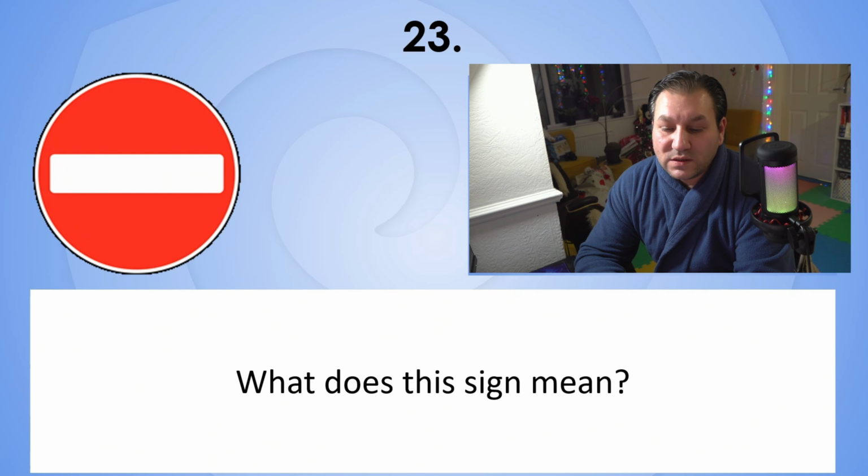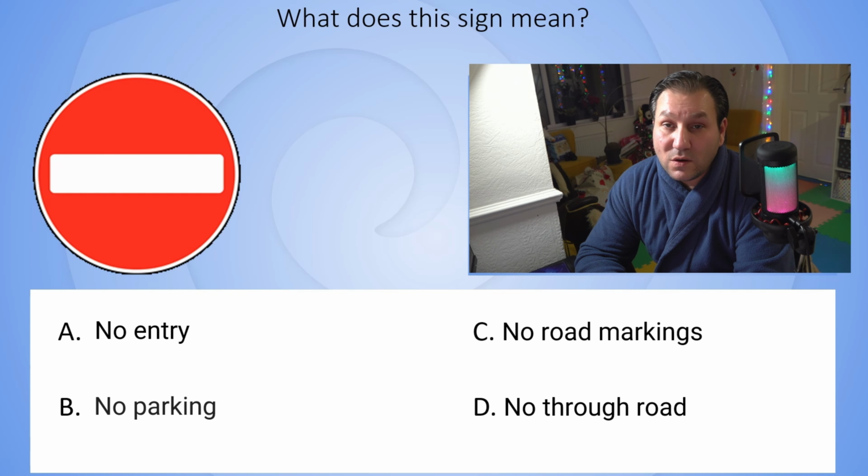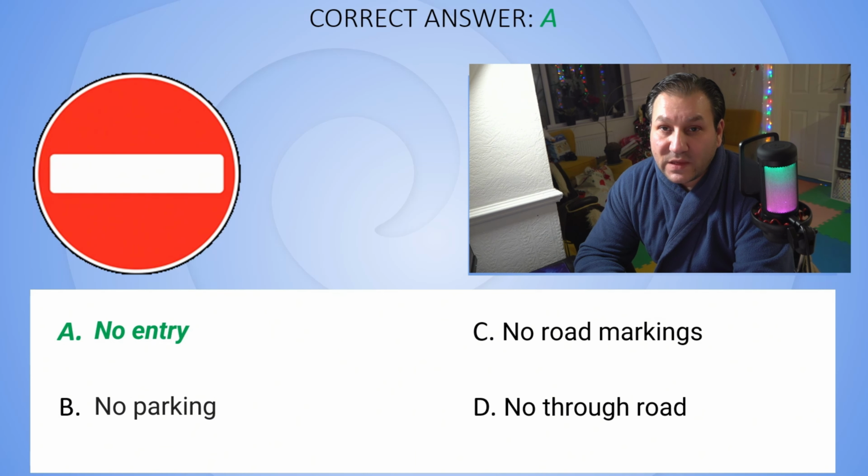23. What does this sign mean? A. No entry. B. No parking. C. No road markings. Or D. No through road. The correct answer is A. No entry.